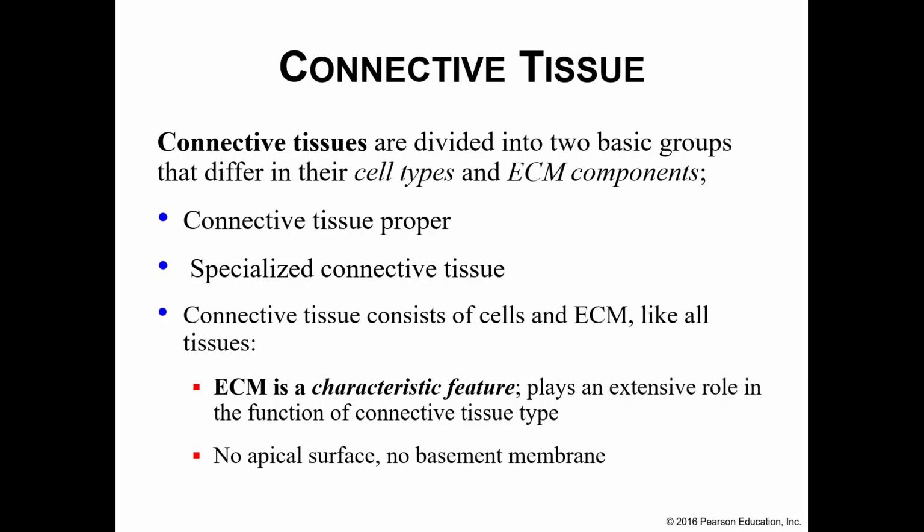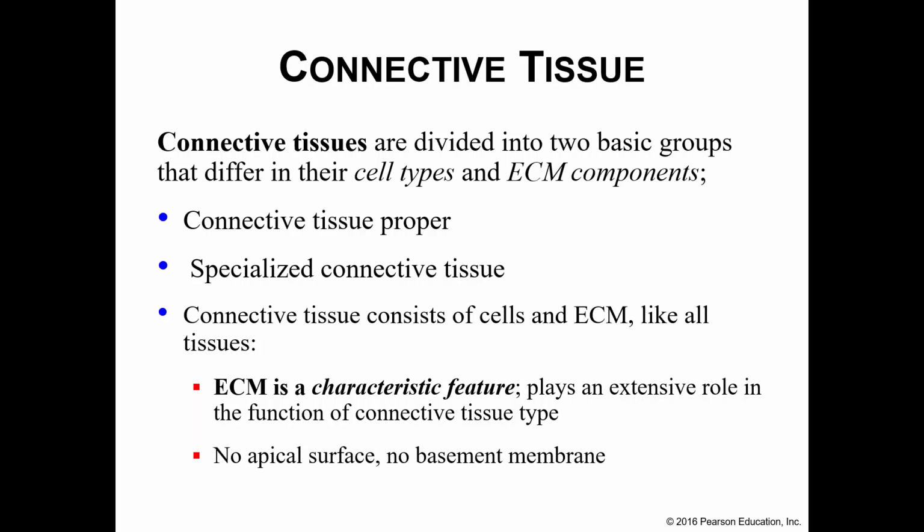The connective tissues that we're going to discuss, the cells in the extracellular matrix, they're similar to what we see in the epithelial tissues, the muscle tissues, the nervous tissues, in that we have some similar characteristics. The extracellular matrix, we didn't really mention a whole lot of it in epithelial tissues, and we're not really going to mention a whole lot about it in muscle and nervous tissue.